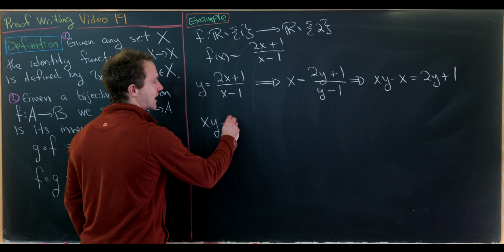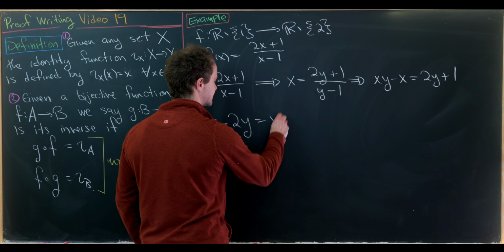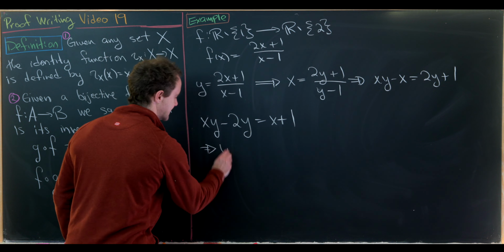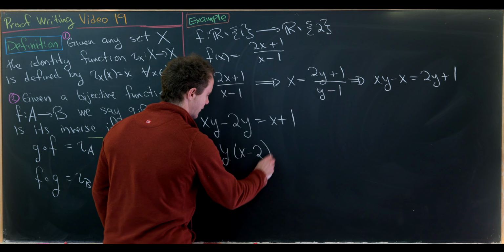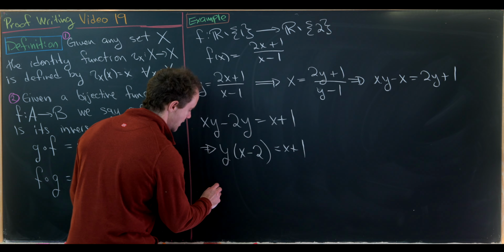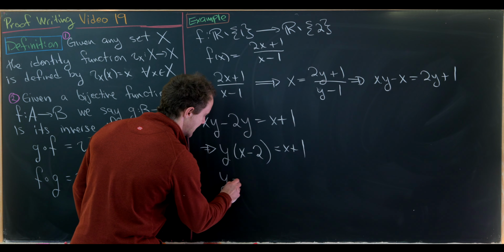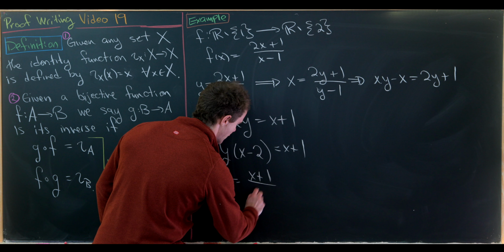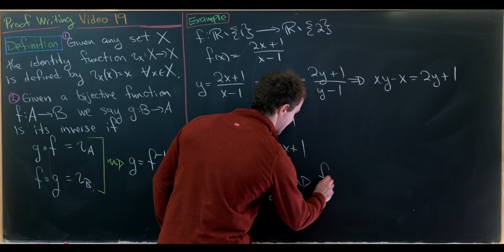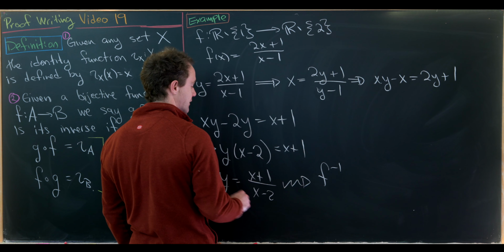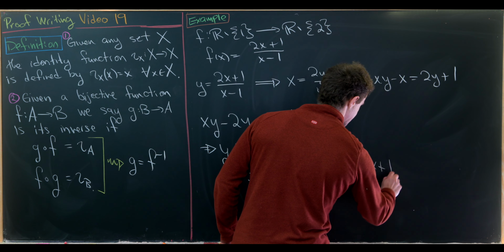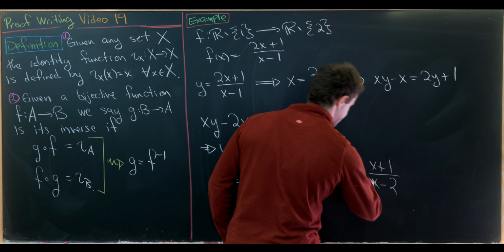That gives us xy minus 2y equals x plus 1. Now we can factor a y out of the left-hand side. That leaves us with y times the quantity (x minus 2) equals x plus 1, which tells us that y equals (x plus 1) over (x minus 2). And then finally, that's what we assign to f inverse. So f inverse of x is equal to (x plus 1) over (x minus 2).